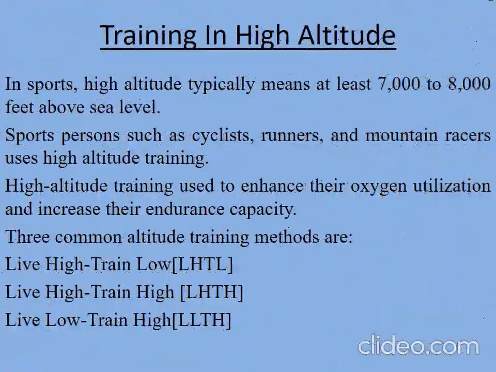So, training in altitudes. In sports, high altitude typically means at least 7,000 to 8,000 feet above sea level. Cyclists, runners, mountain racers, and other sportspersons use high altitude training to enhance their oxygen utilization and increase their endurance capacity. There are three common methods of altitude training.